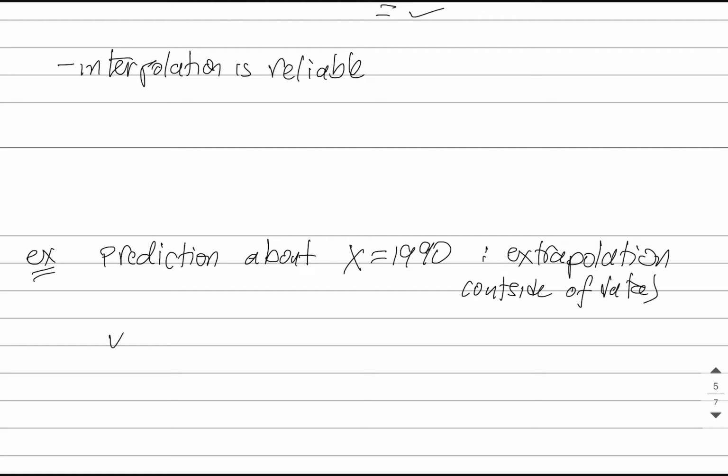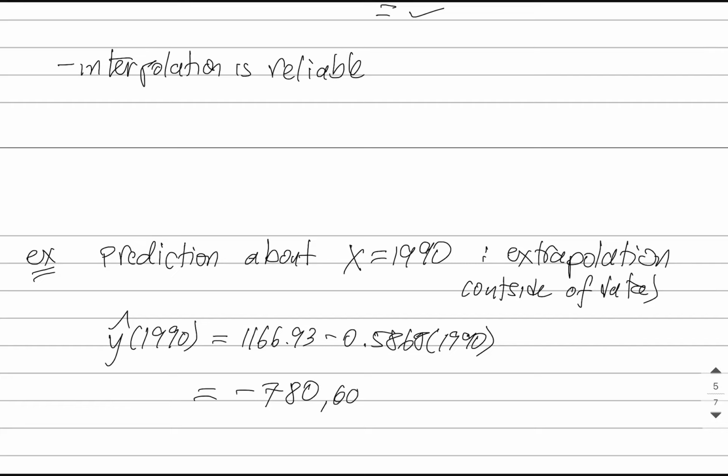If I were to make a prediction about what's going on in the year 1990, I'd just take my model, I'd plug in all of the numbers with the 1990 here, and here's what I'd end up with. Remember, your model is adjusted to millions of people.